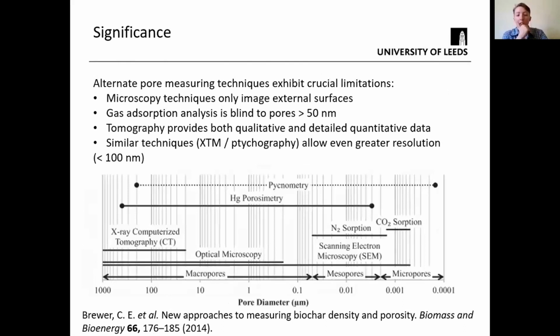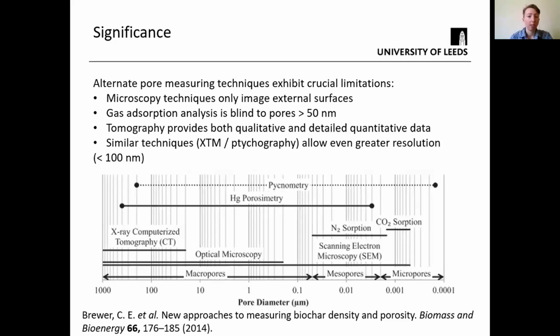So this is an image from a paper in 2014 by Catherine Brewer, in which she discusses biochar porosity. And as you can see, biochar pores span several orders of magnitude, and each size range is relevant to various environmental processes and biochar applications.